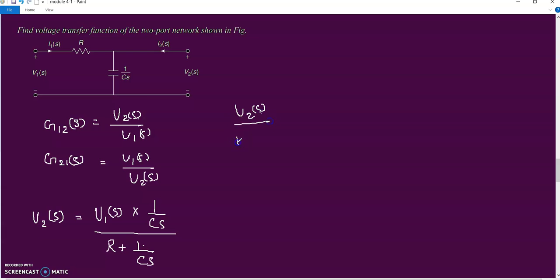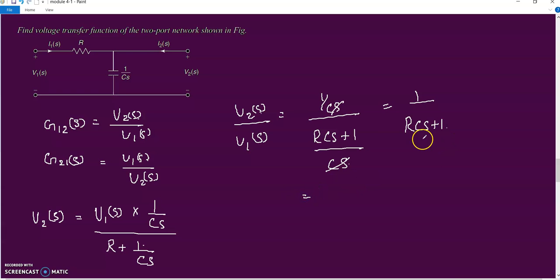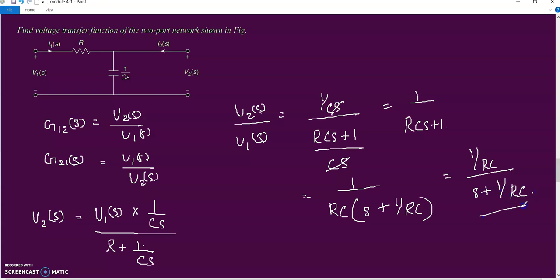V2 of S by V1 of S is equal to 1 by Cs divided by RCS plus 1 by Cs. The Cs terms will get cancelled. It is 1 by RCS plus 1. So we can make the denominator S alone. That is, we can take RC outside, S plus 1 by RC. That is equal to 1 by RC by S plus 1 by RC.